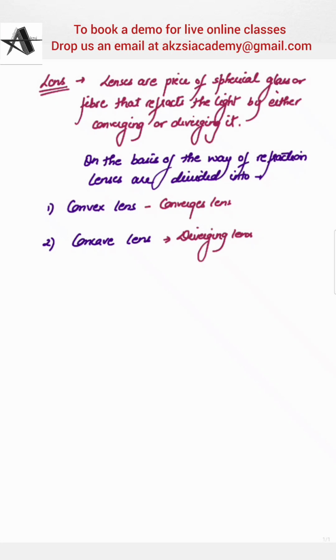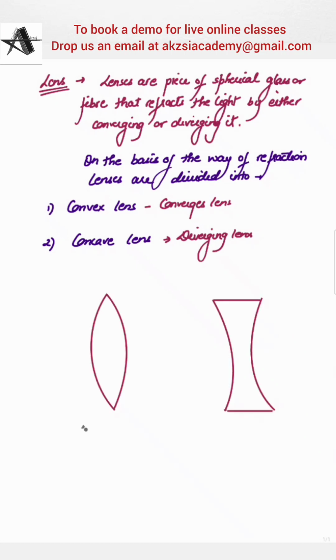So let me draw the diagram of each lens. This is a convex lens and this is a concave lens. If we talk about their structure, how can we define it? If you look at the diagram of the convex lens, from one end it's very thin, almost no thickness, then it starts to become wider, and when it reaches the middle it becomes the widest, then again starts to become thinner.